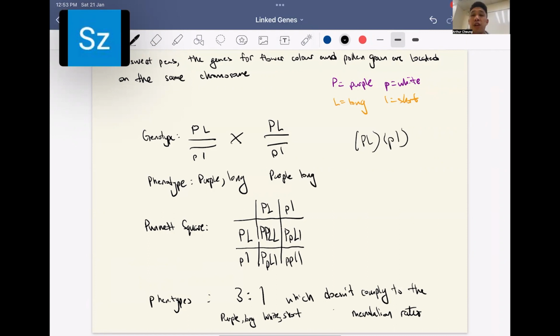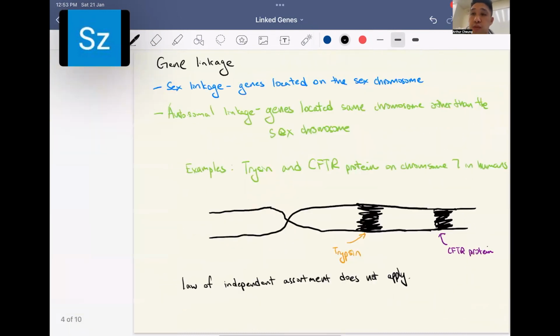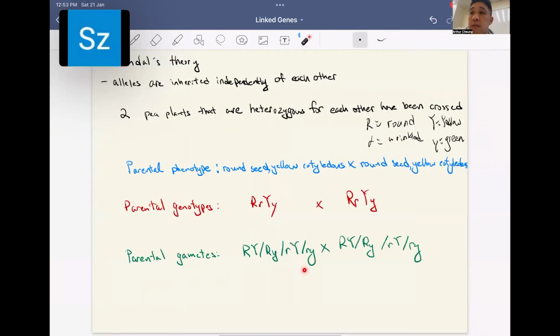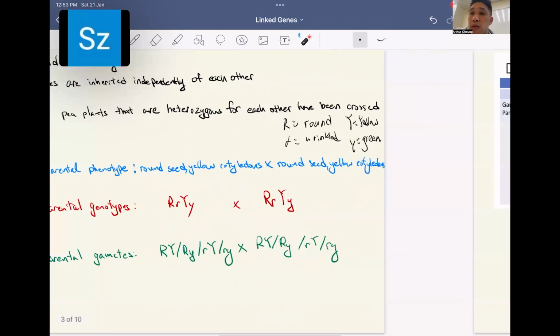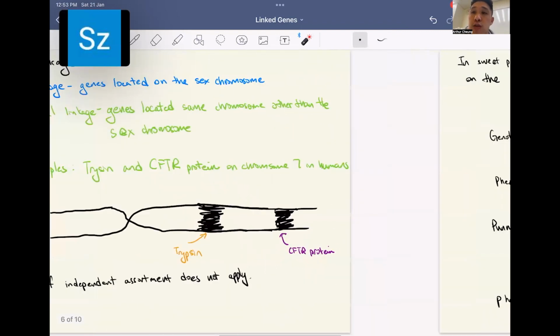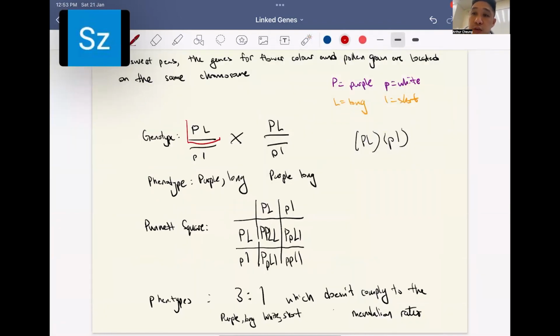So if the genes are unlinked, there would be 4 different possible gametes produced. But for linked genes, there are only 2 possible gametes produced, and it's the same for both parents.